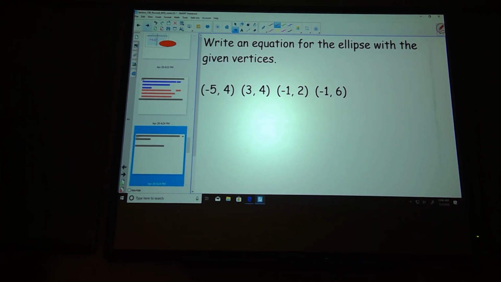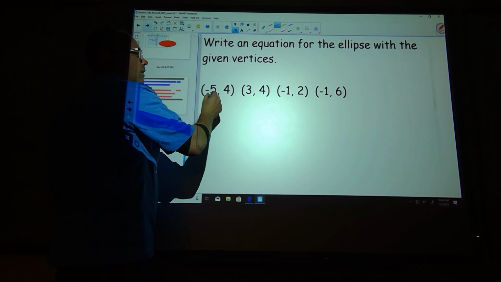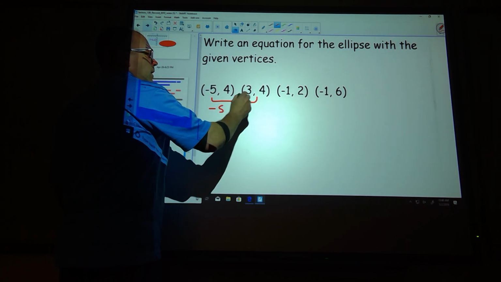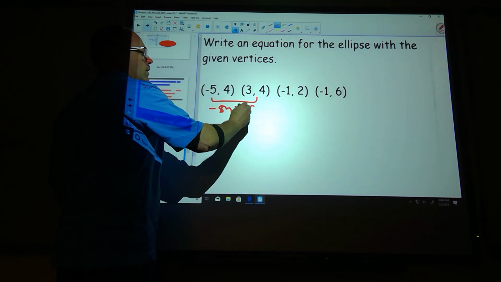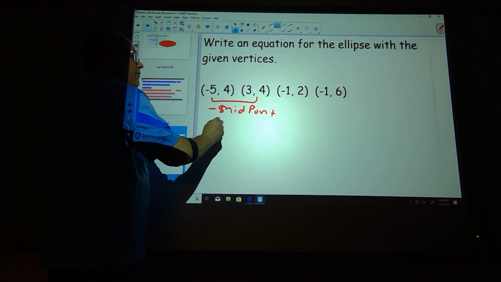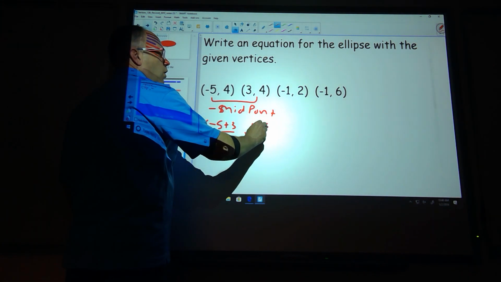Write the equation for an ellipse when I gave you these vertices. So think about this. What is halfway? What is the midpoint? So remember, negative 5 plus 3 over 2 and 4 plus 4 over 2.